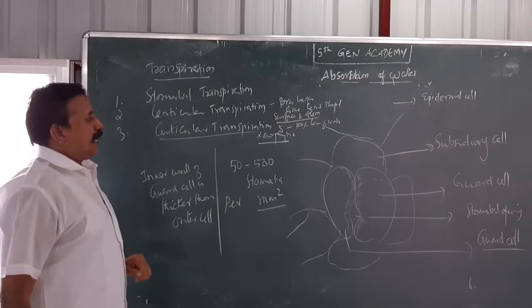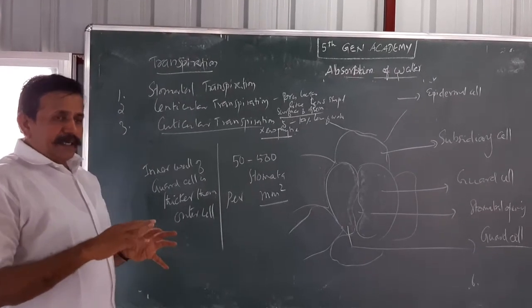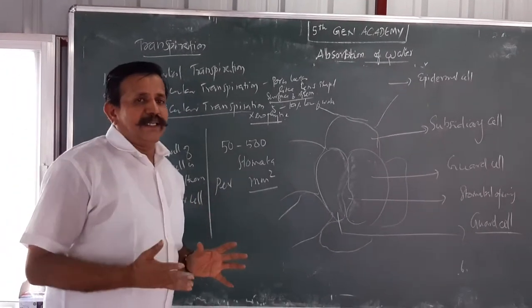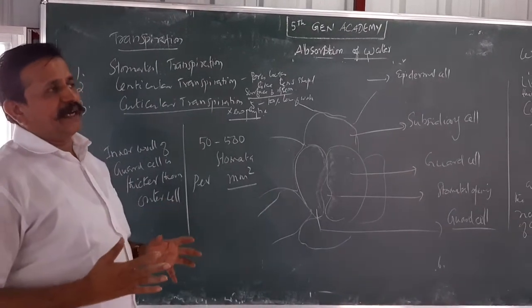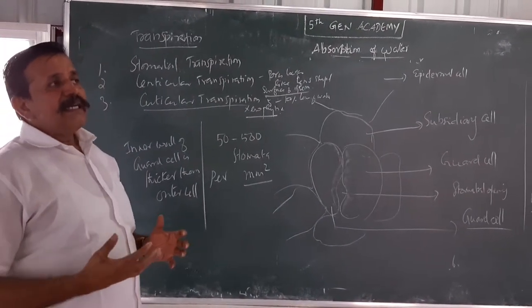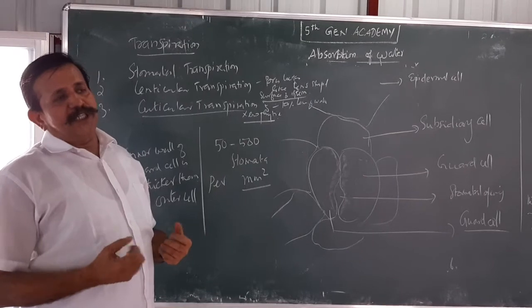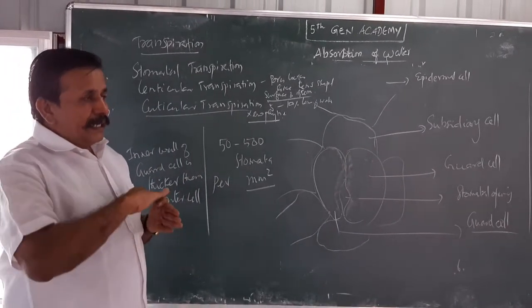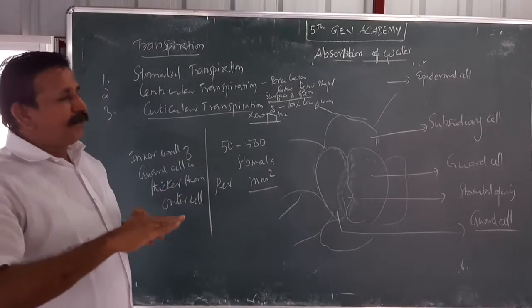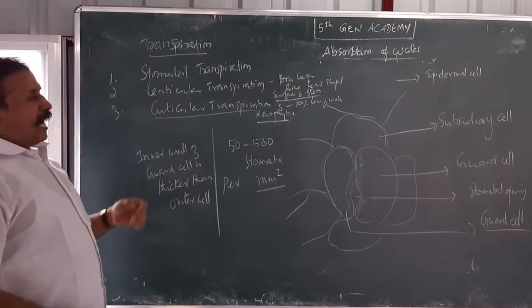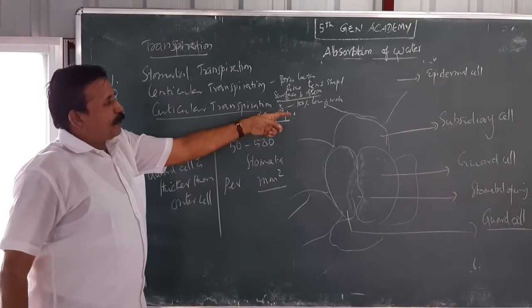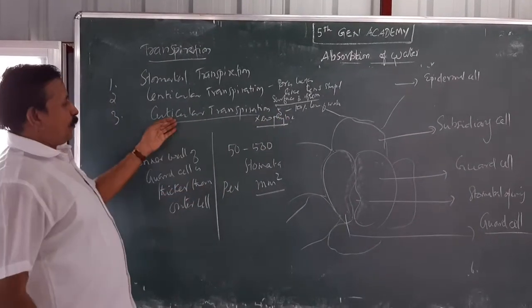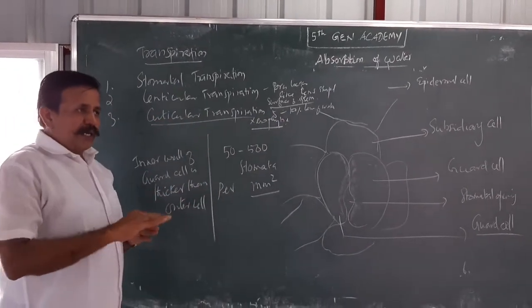Another one is cuticular transpiration. Most xerophytic plants live in drought and desert areas. In order to avoid excess water loss through transpiration, their leaf surfaces are completely covered by cuticle.